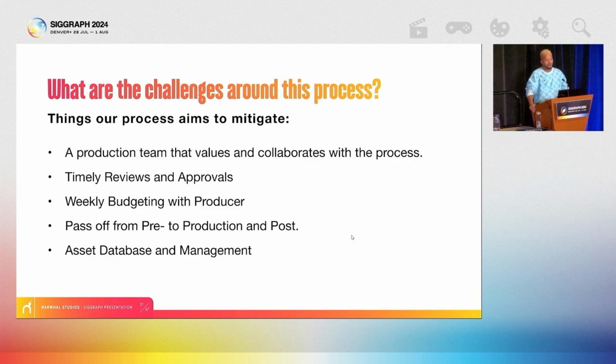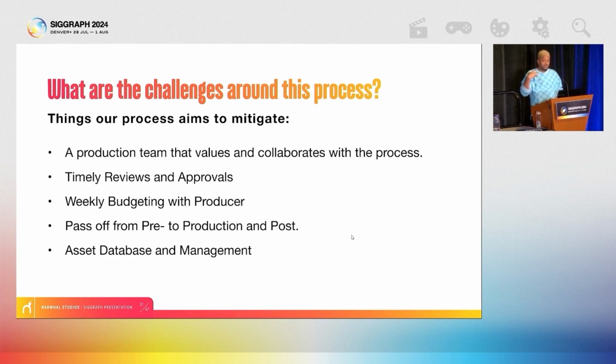Second thing is timely reviews and approvals. That's a big one for everyone that does production. Obviously, real time can fool you into thinking that it's good enough. Sometimes there are certain deadlines they have to hit, but there were no milestones explaining to them that at this point you need to pass it off to the team that's going to take it to final.